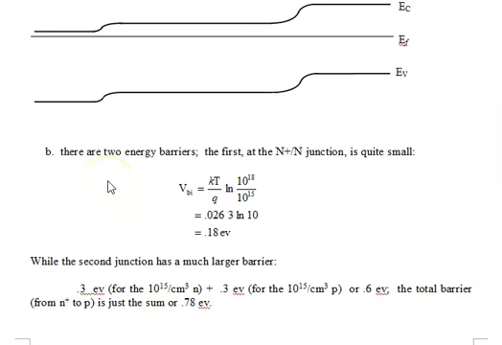And if you look at the barriers, that's fairly straightforward. At the N plus N, we just put in the dopings, and we get a very small barrier of less than 0.2 eV. And at the conventional junction, each side is 0.3, so it's 0.6 for total.